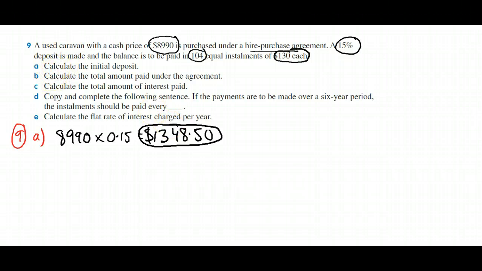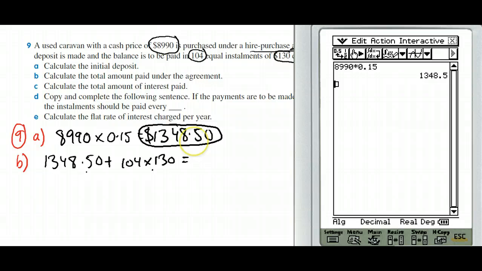In the next part, B, calculate the total amount paid under the agreement. Okay, so if we're going to pay this deposit, 1348.5 is the deposit, and then we've got to add on all the installments that we've got to make, 104 of them, at $130 each. If we add the deposit plus the installments together, we'll get the total amount that we've got to pay.